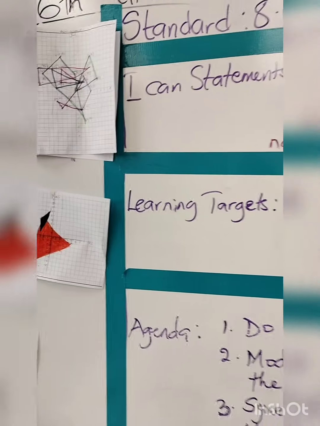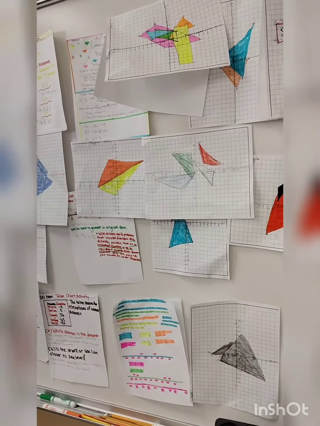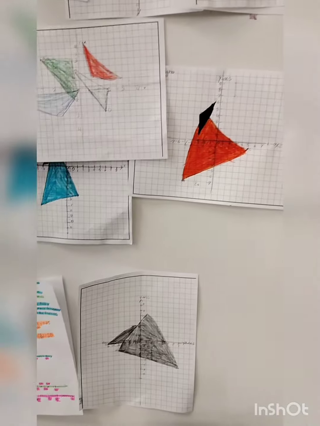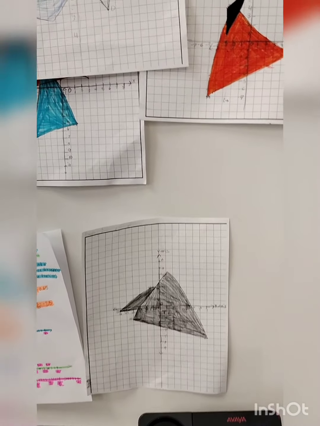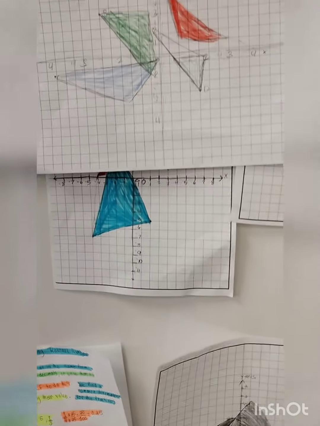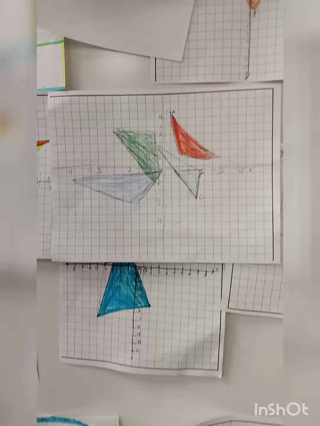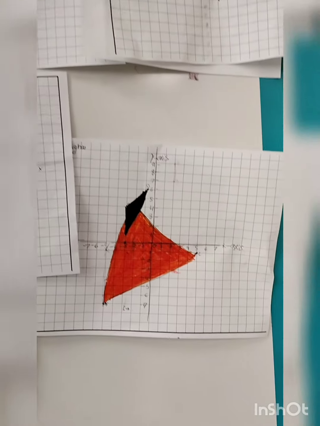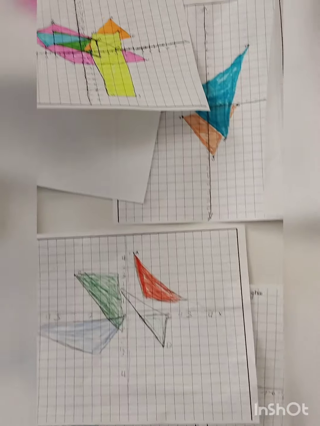Okay, but before we come to the main lesson, let's look at some of the beautiful works that I have over here. Good. I did this with grade 6 students, and they were able to plot the points, draw their coordinates, and label their answers.